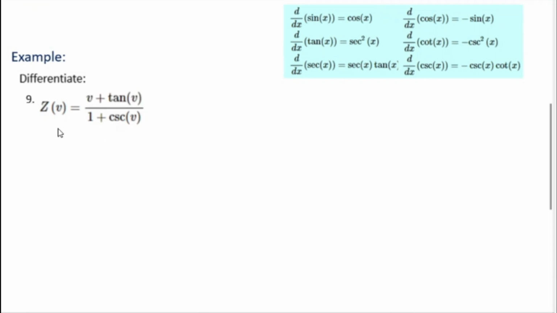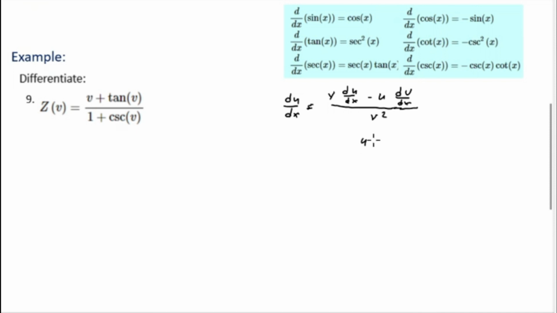Example number 9. Z of v is equal to v plus tangent v, all over 1 plus cosecant v. Based on the function, we will be using the quotient rule. So same formula: we have dy over dx, which is equal to v du over dx minus u dv over dx, divided by v squared.